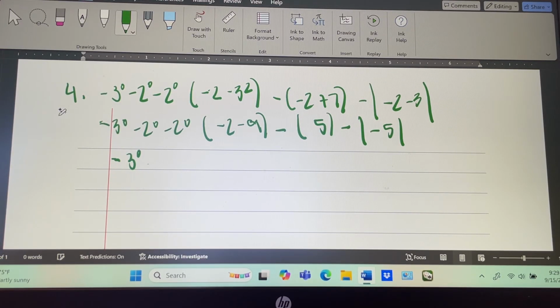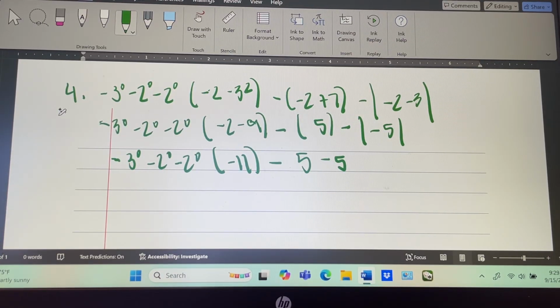Next step, bring down, bring down, bring down. This becomes -11, minus 5, minus. What's the absolute value of -5? If you remember, absolute value is always positive because it just means how far is -5 from 0. And it's 5 spaces. So that just becomes a 5.